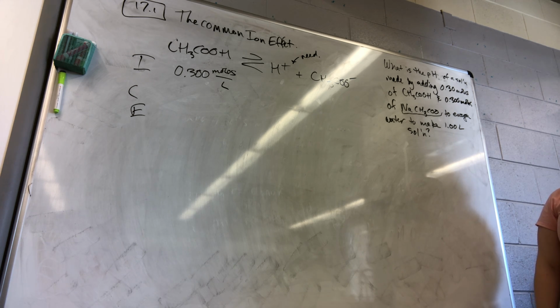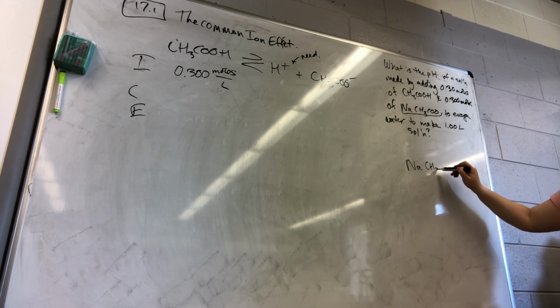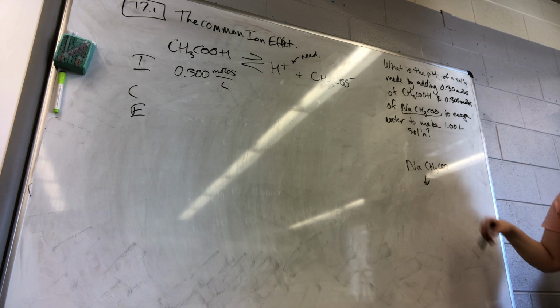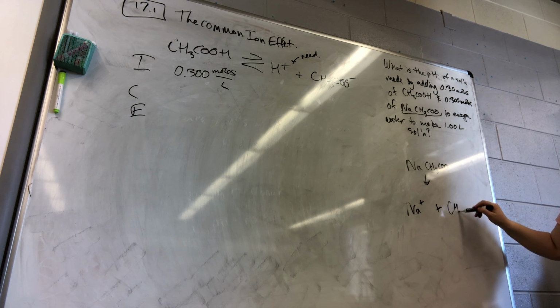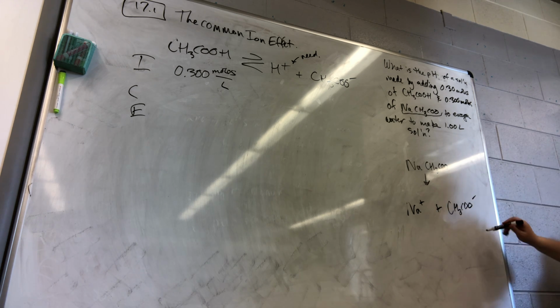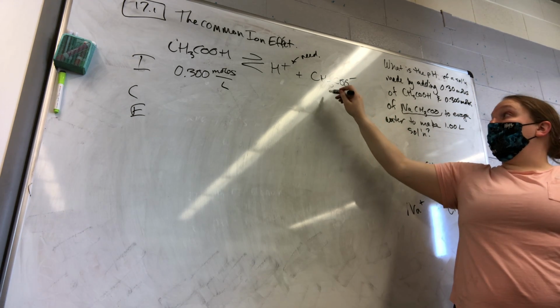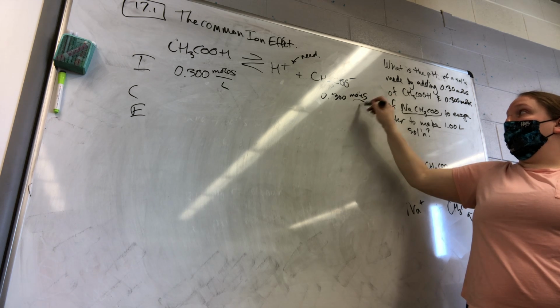It's got the ion. Technically, when you break it apart, it will become this and this. So this is what? The common ion. So our initial concentration we were given goes here.